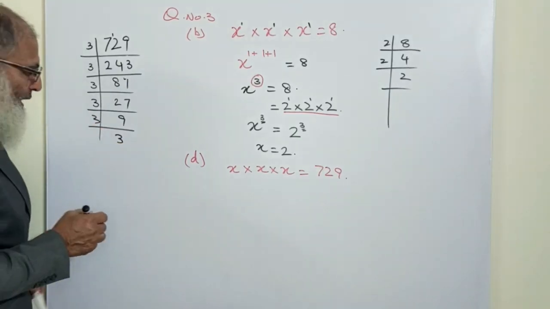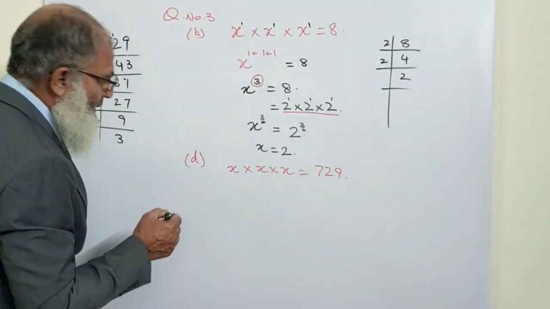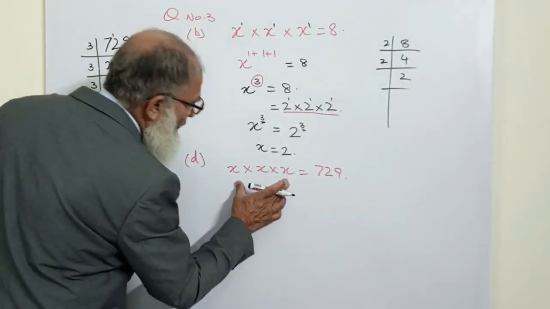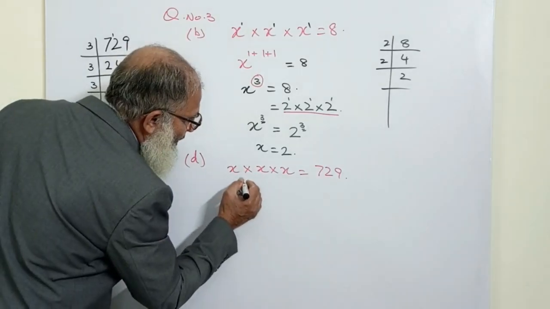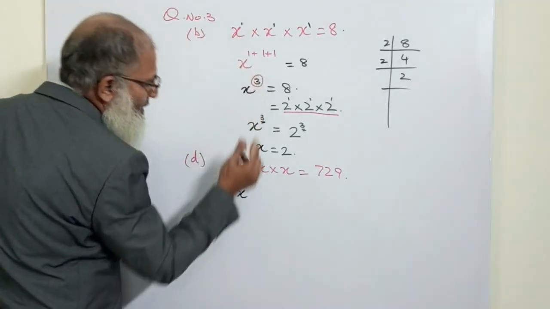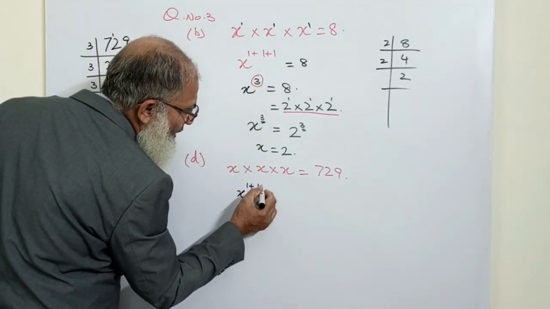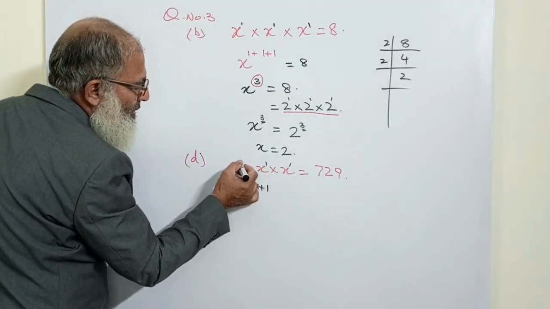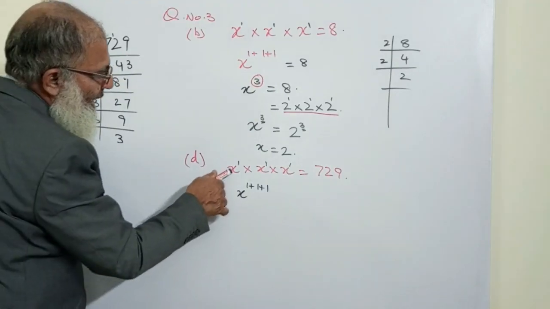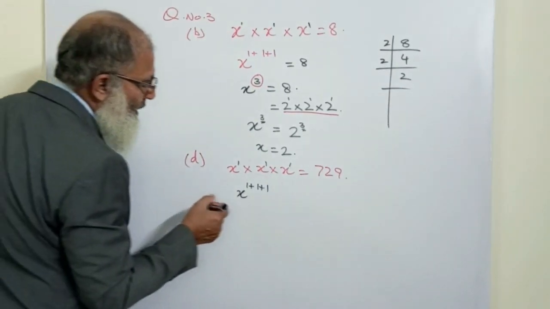So what we got here, let me write this in this way: x times x times x, because all these x carry 1 power.